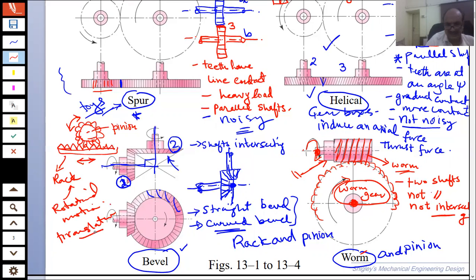So these are the different types of gears on the basis of the orientation of shafts or the transmission of motion and power that we would transmit between different orientations of shafts.